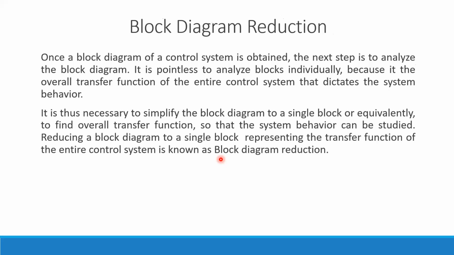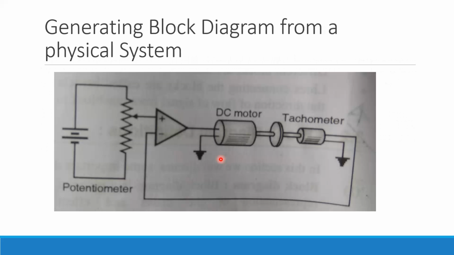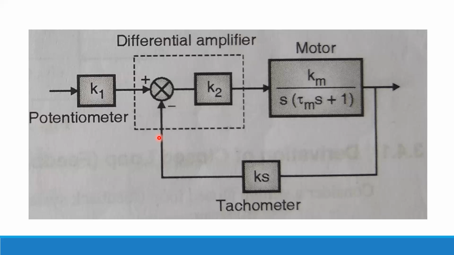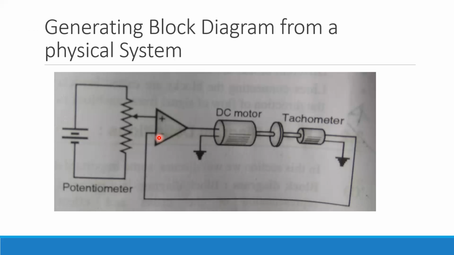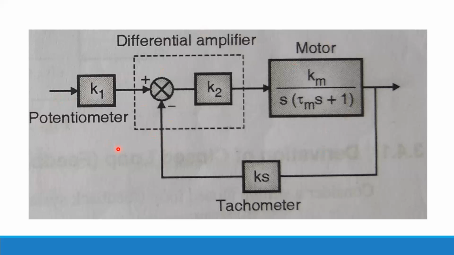Let us take one example that we have already studied. This is the velocity controller of a tape recorder. It has a potentiometer, an amplifier, a DC motor, and a tachometer which gives us feedback at this point. This whole physical system is then converted to a block diagram.